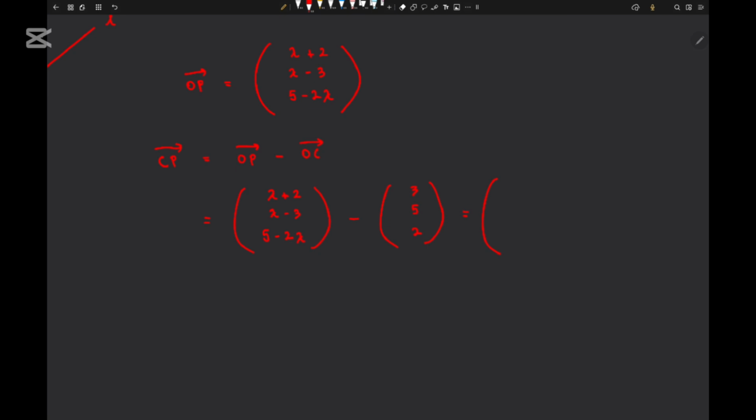So this is equal to (lambda minus 1, lambda minus 8, minus 2 lambda plus 3).